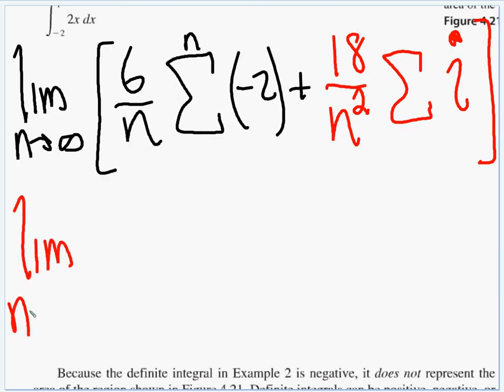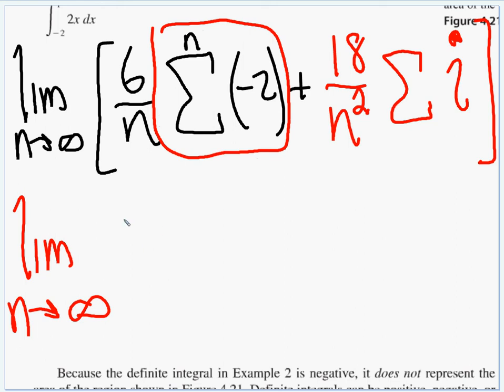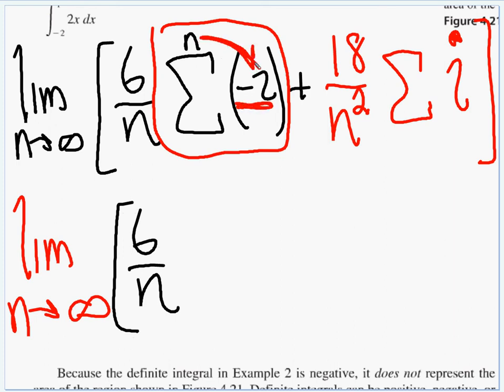We still got this limit notation lurking out here. So if I block this off in red, we've still got a 6 over n, but now the summation of -2, remember we just multiply the upper limit with that number, so that is now just a -2n. I'm going to put it over 1.